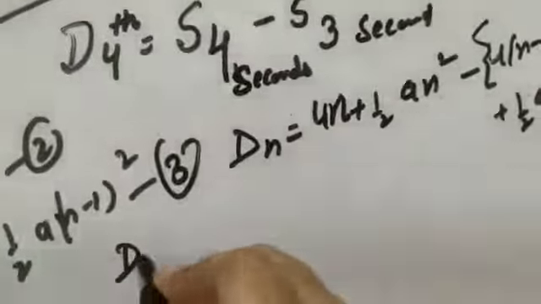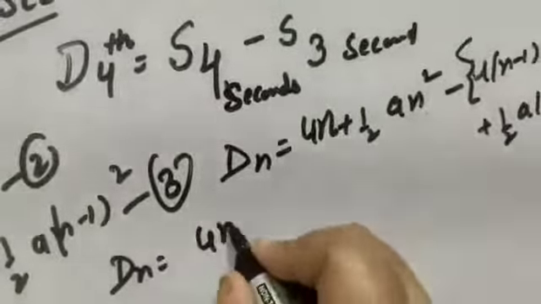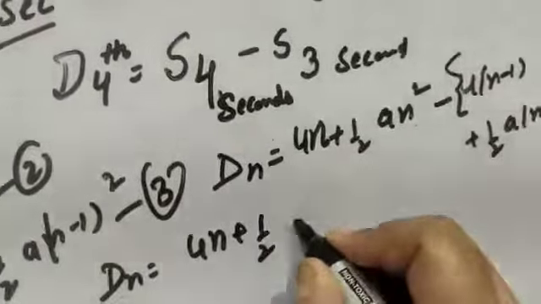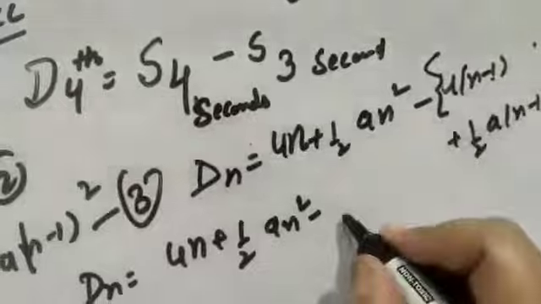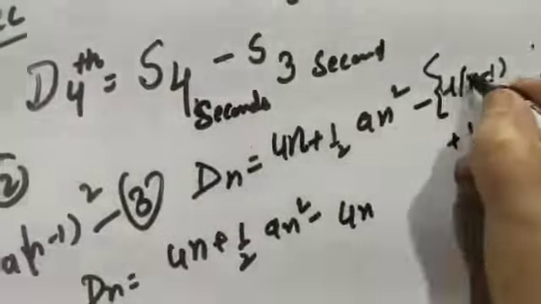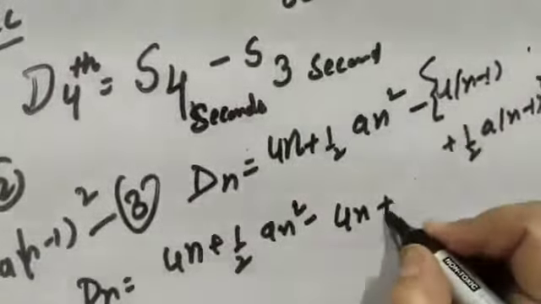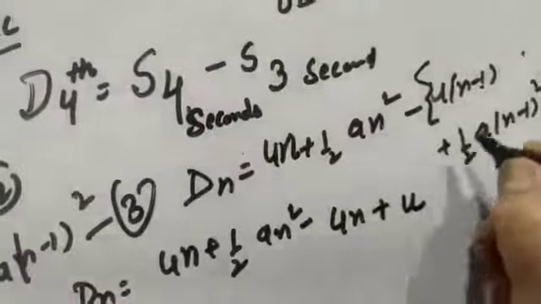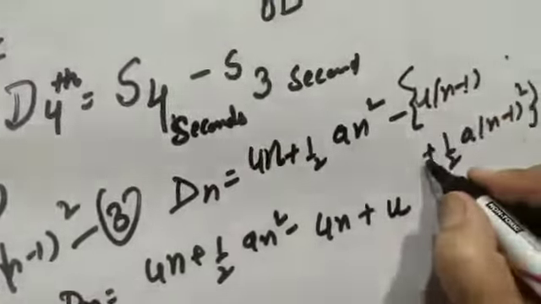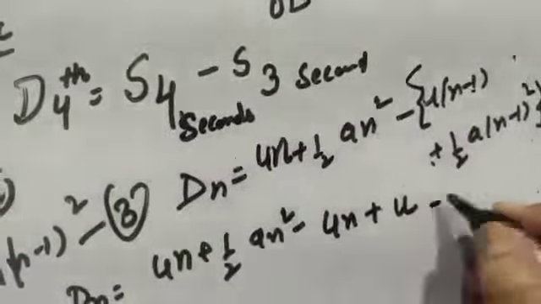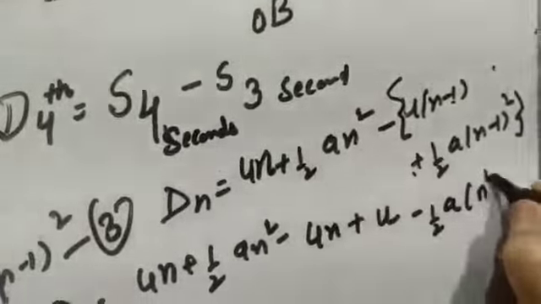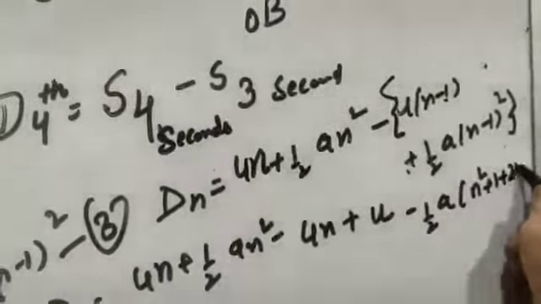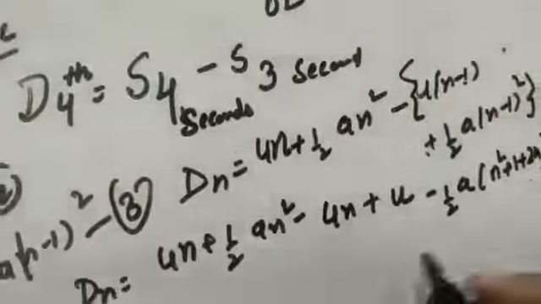Right. Now opening this: un plus half an square minus, if we multiply this un, this minus will become plus u. Then this minus will make this minus 1 by 2a times n square plus 1 plus 2n, by using the formula a minus b whole square.